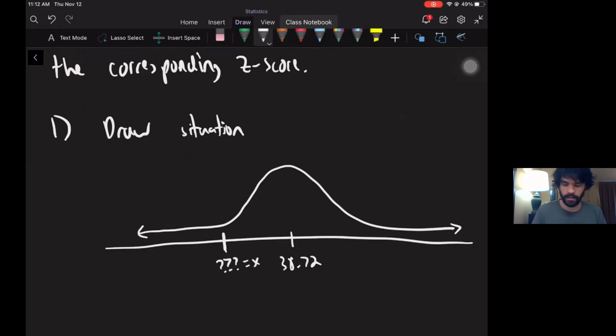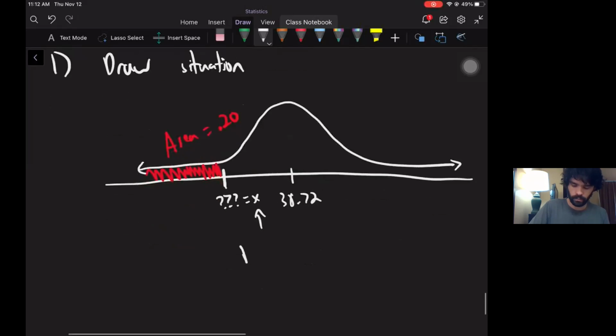It's a specific height. But instead what I know is that 20% of the people are less tall than that, aka this red area is 0.20. So the probability of being below this mystery data point that I don't know is 20% or 0.20. This is what we're trying to find.